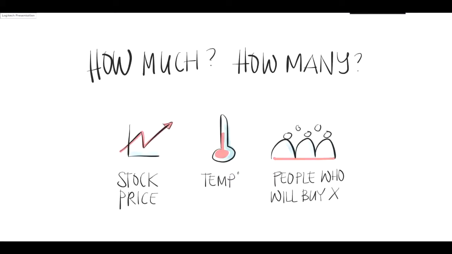This is how much or how many. So how much does this house cost? How good will the Google stock be on Thursday? Like, what price is it going to sell at? Or what's the temperature in Stockholm this afternoon? Or how many people are going to buy the iPhone X? That's the kind of stuff we can learn with regression.